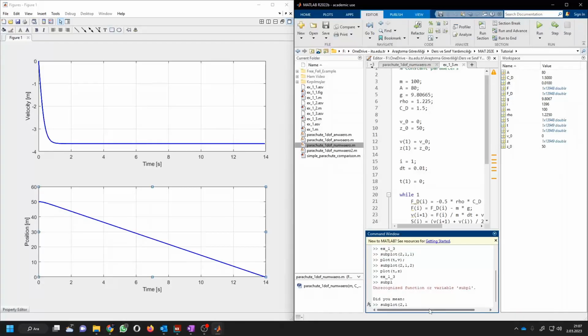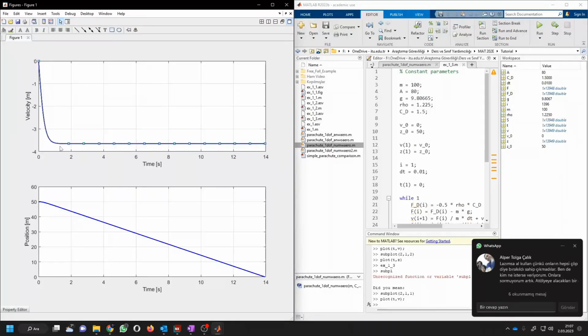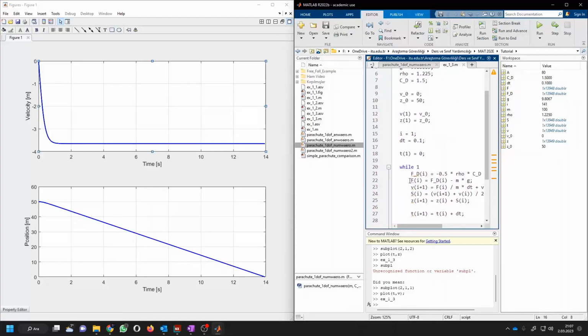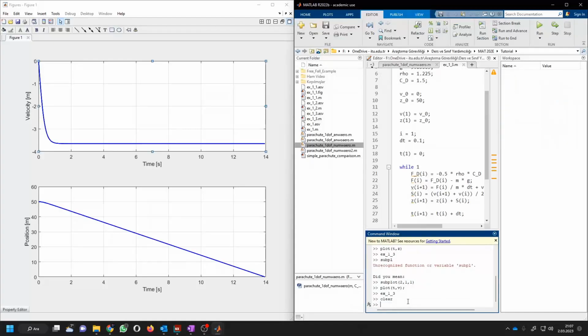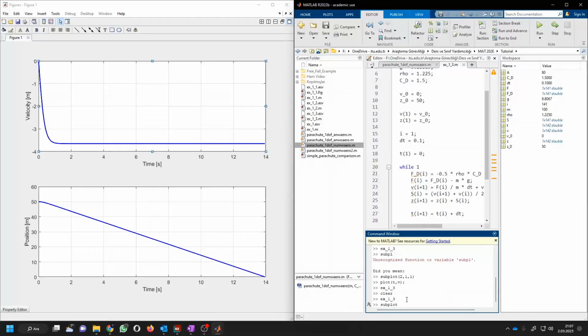Subplot 2, 1, 1. Plot z with respect to t. Okay, no difference. Good. I will delete that again. Clear. Subplot 2, 1, 1.